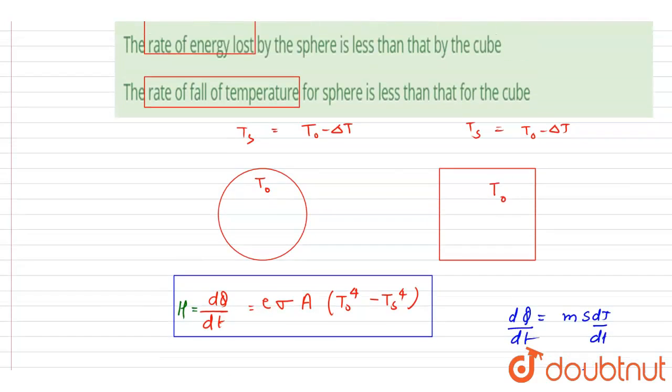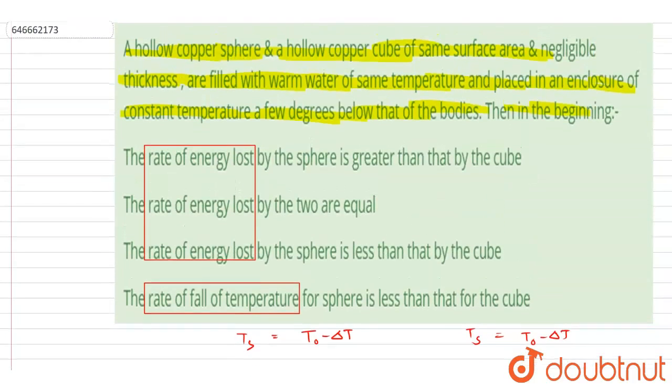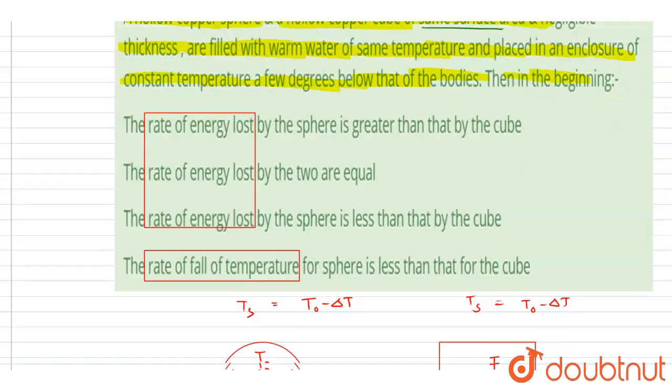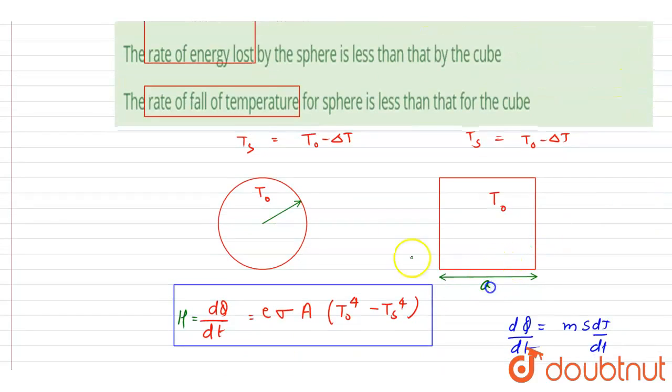Now if you see here, this is the radius r and this is the side length a, and both have the same surface area. How could they have the same surface area? You have to compare the radius and the side length.